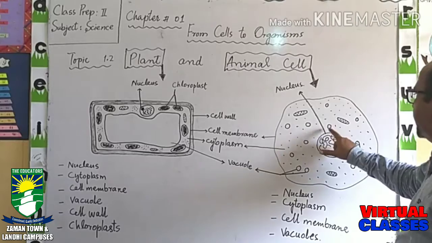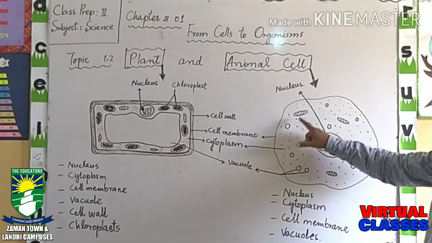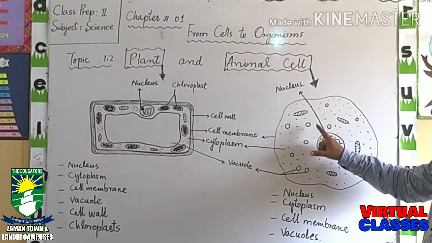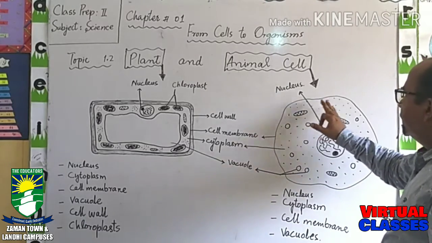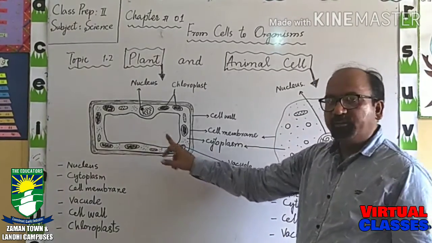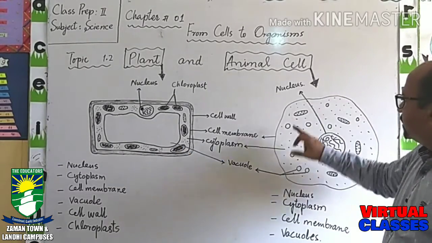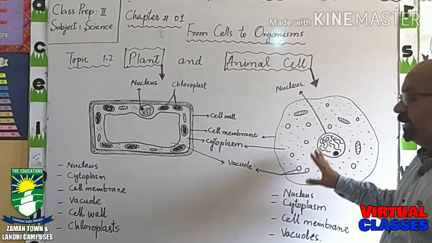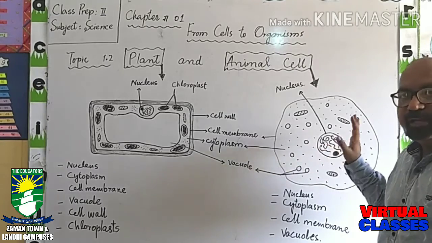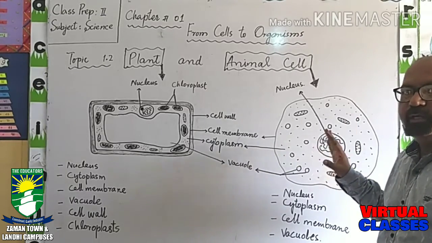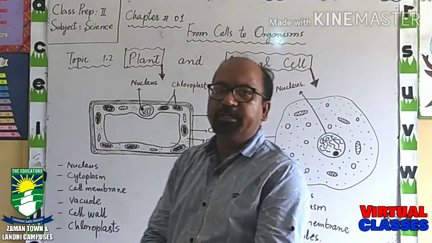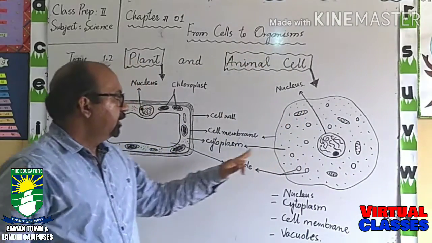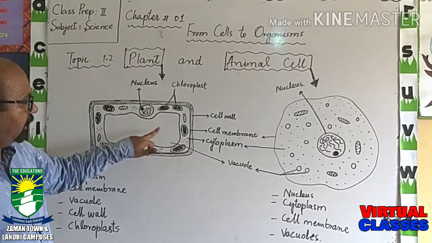And these smaller organelles which are more in number are called vacuoles. Here a single one is shown, that's why it is written vacuole, but in the animal cell they are more in number. The function of the vacuole is almost the same.